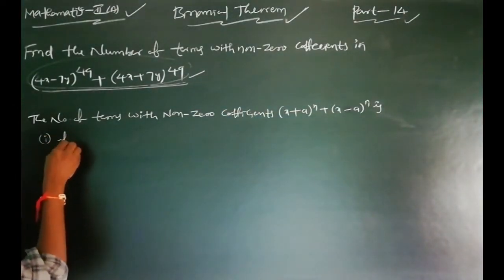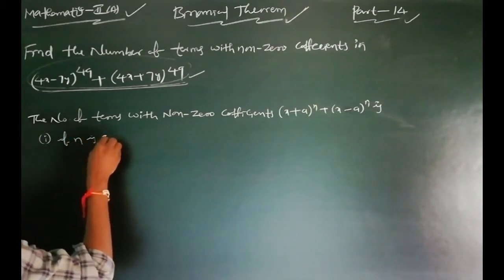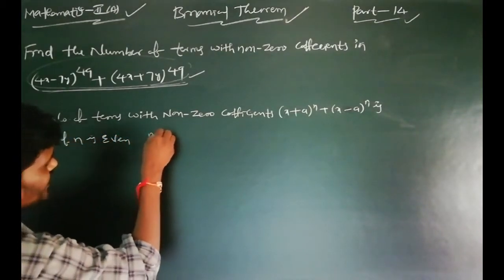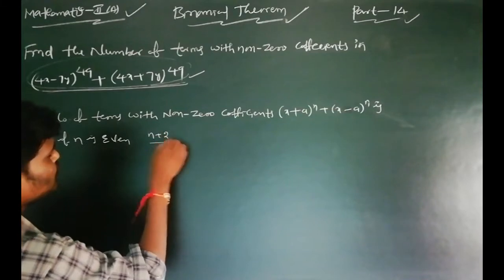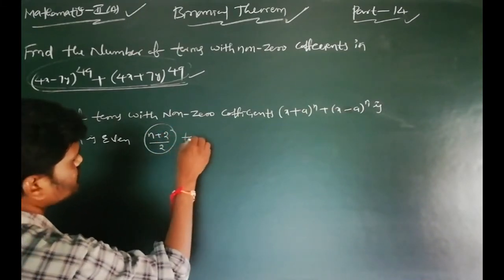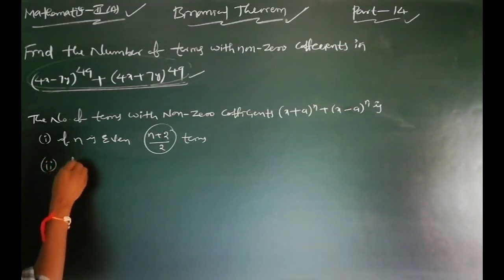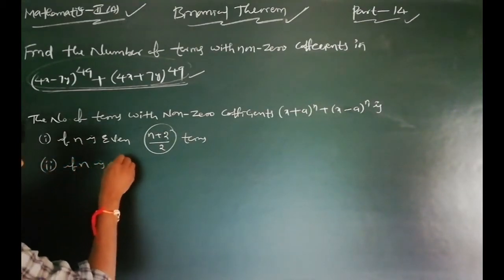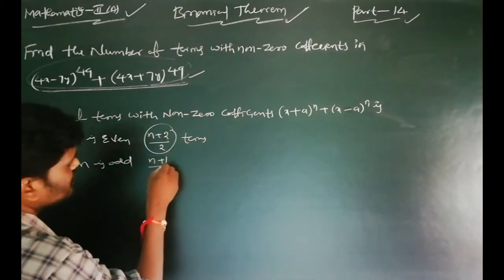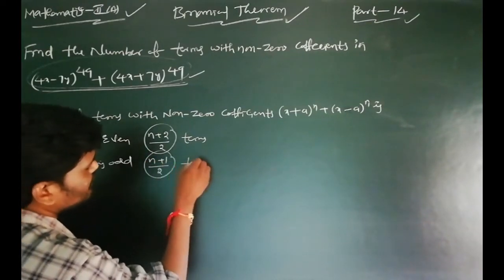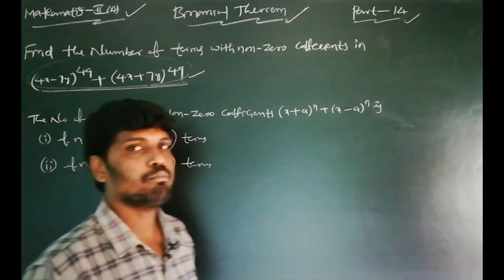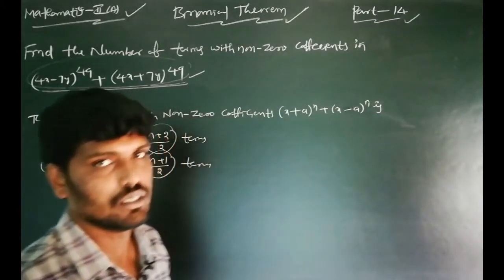First case, if n is even, the number of terms is (n + 2)/2. Second case, if n is odd, the number of terms is (n + 1)/2.